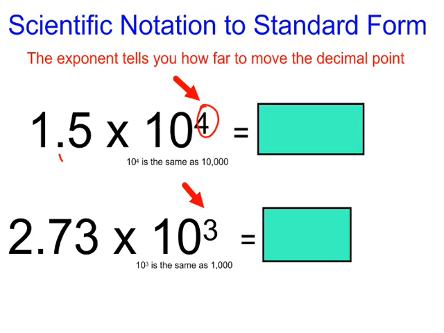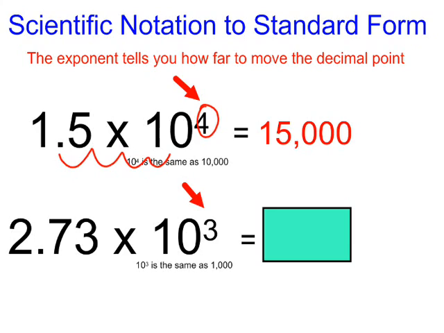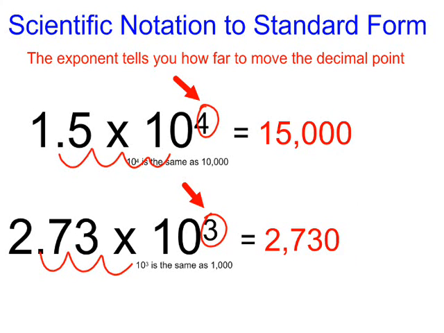So you would move the decimal 4 to the right. And that would be 15,000. You would move the decimal point 3 to the right here. So if you wanted to change this back from scientific notation into standard form, it'd be 2,730.